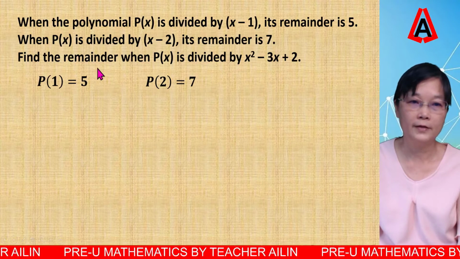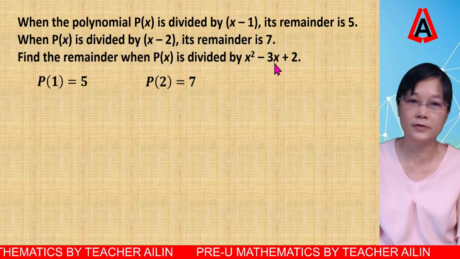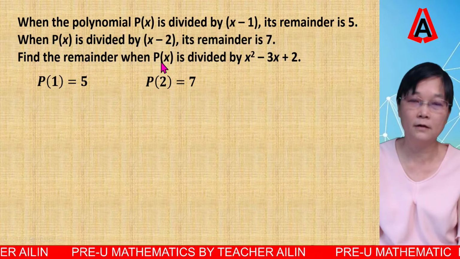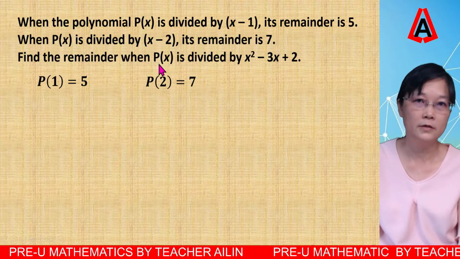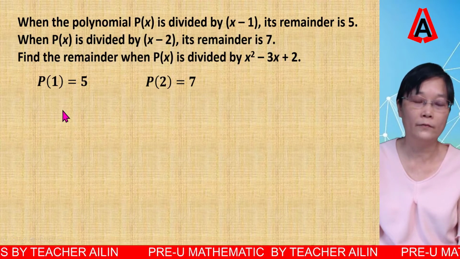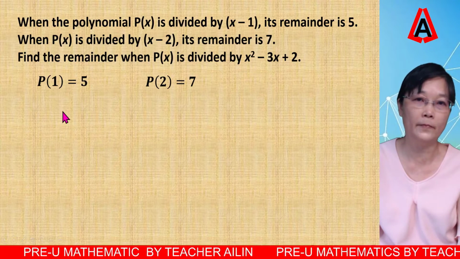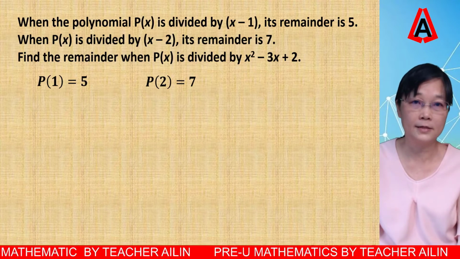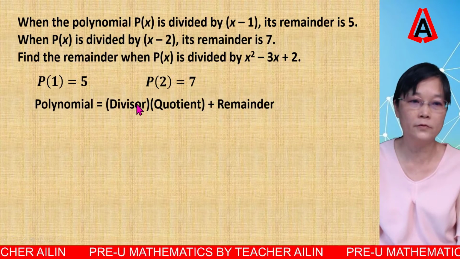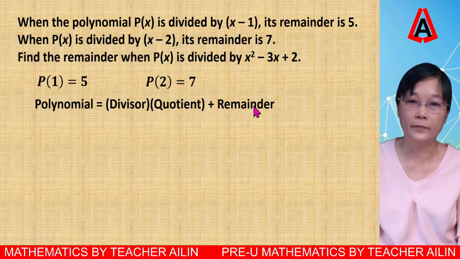Now we are going to find the remainder when the polynomial is divided by this quadratic expression. Since in this question the polynomial p(x) is not given, I'm going to construct the polynomial based on what we have learned before: when a polynomial is divided by a divisor, the polynomial is equal to the divisor times the quotient plus the remainder.